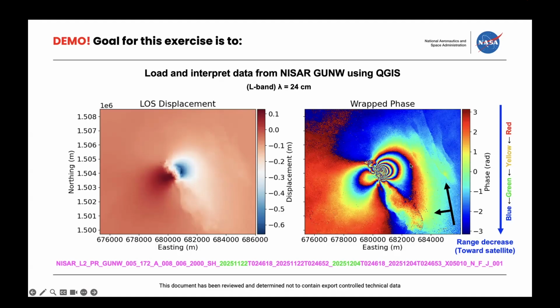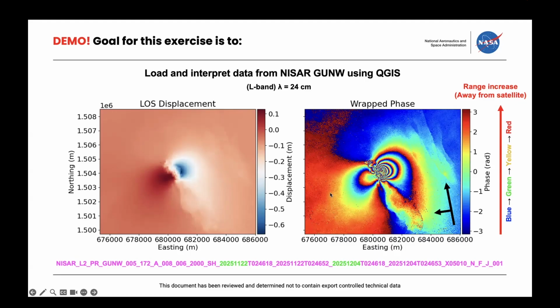Let's start here. So blue, green, yellow, and then red. So from blue to green to yellow to red, what that means is this part of the ground is moving away from the satellite.